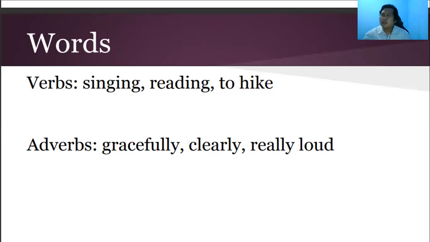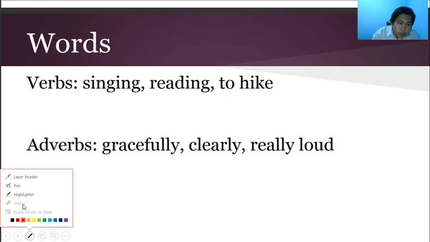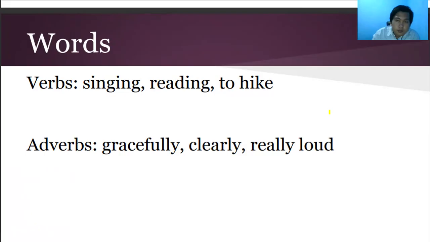Can you find the difference or similarities? Let me use this highlighter.